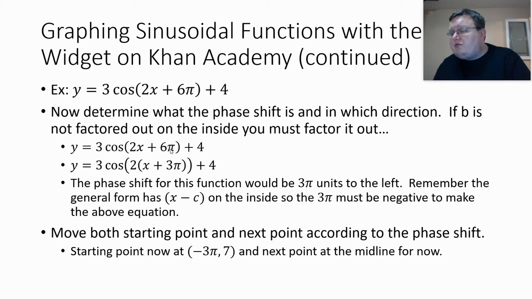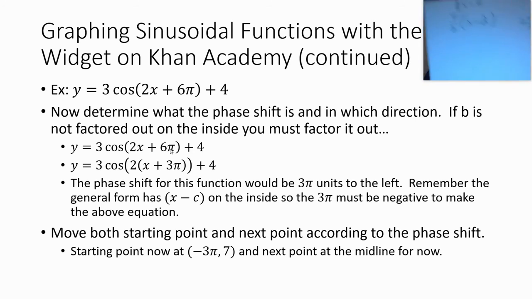I did an example earlier, where it wasn't so pretty. This is another example. It started with pi. This is what was on the inside. I didn't put all the other extra stuff out there, but you had pi over 2 x minus pi. You had to factor a pi over 2 out.